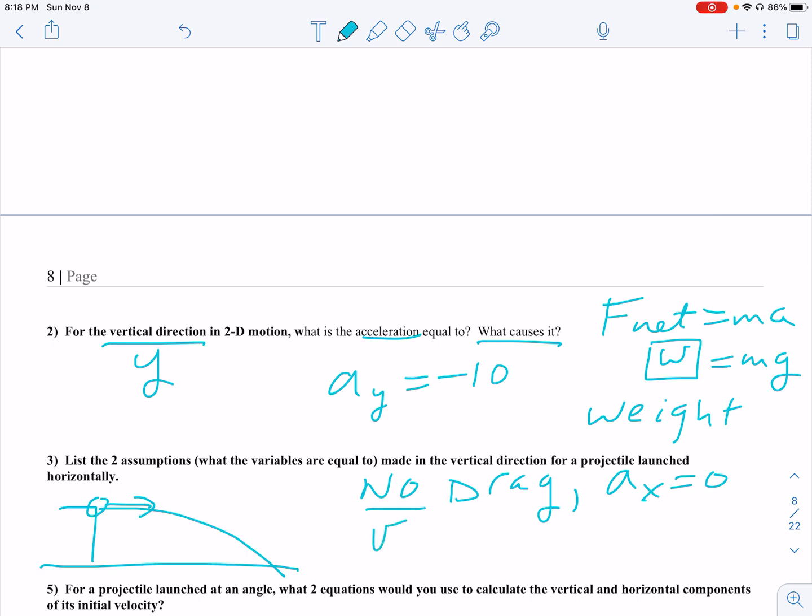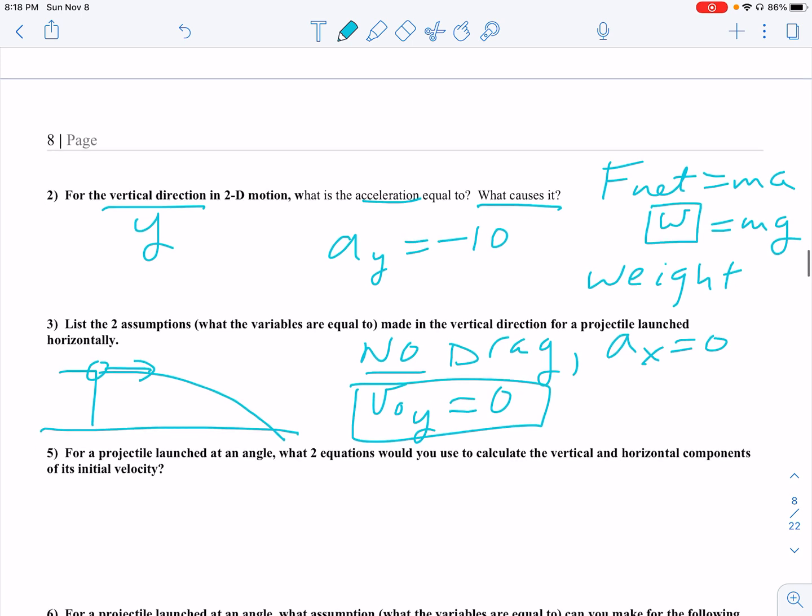Also, we assume if it was shot horizontally, VOY is 0. VO in the Y direction has no falling speed at the moment it leaves whatever's projecting it forward. That's very important. You can't do these problems without knowing that.